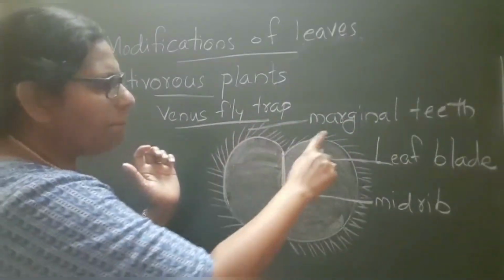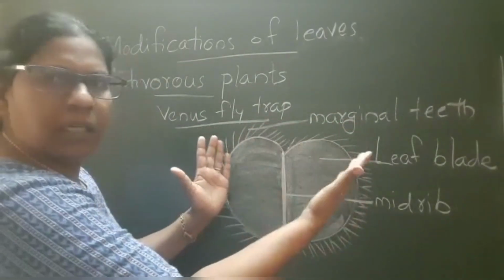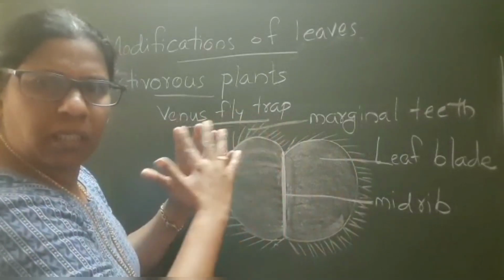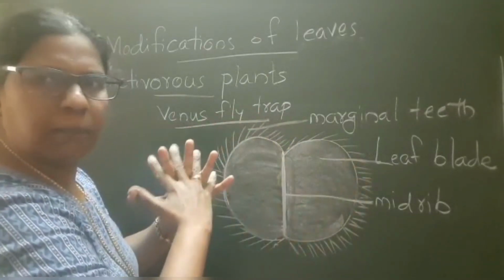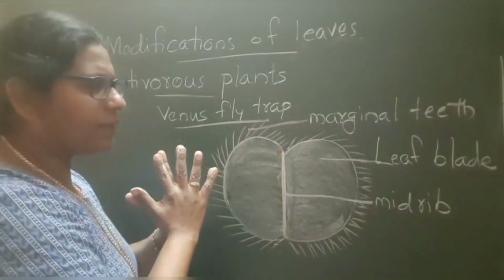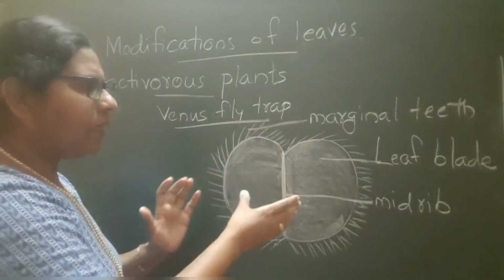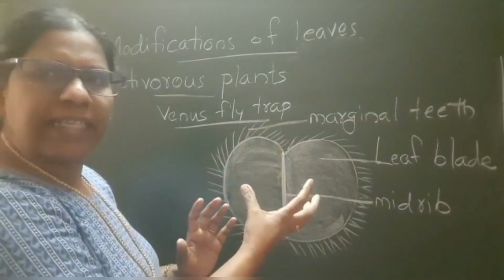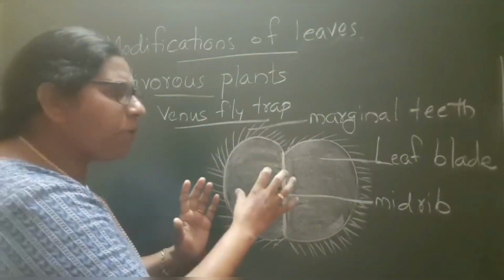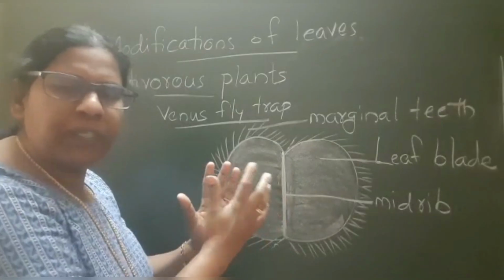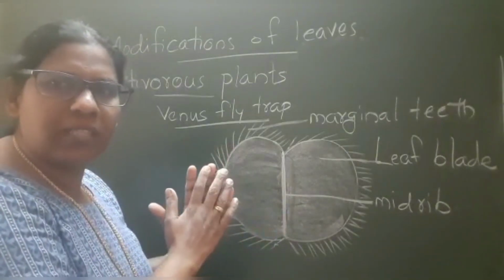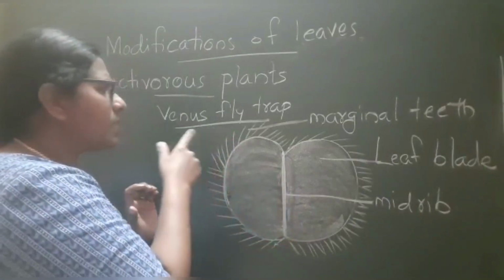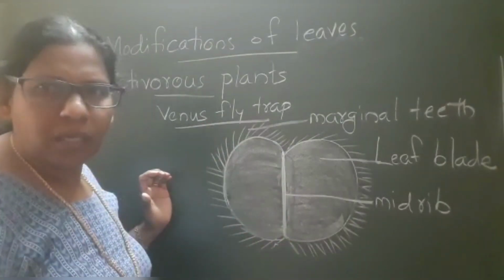It interlocks the leaf blade by the marginal teeth, and then this plant will release digestive juice. With the help of that digestive juice, the insect will be digested inside the leaf blade, and that is how this Venus flytrap will grow.